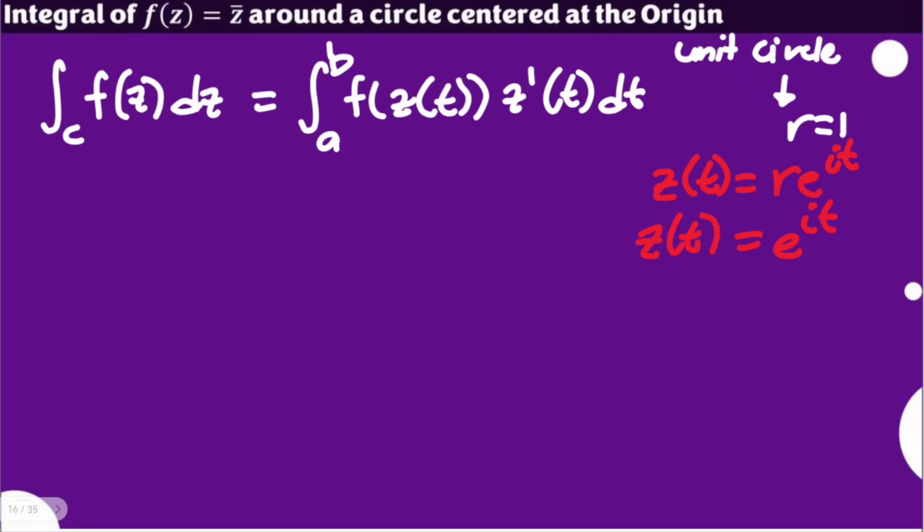At the same time, we can identify the a and b values because our t must be between a and b, and since it's a circular path, it's a closed path, meaning it starts with 0 to 2 pi, the value of one revolution. So our a is 0 and our b is 2 pi.